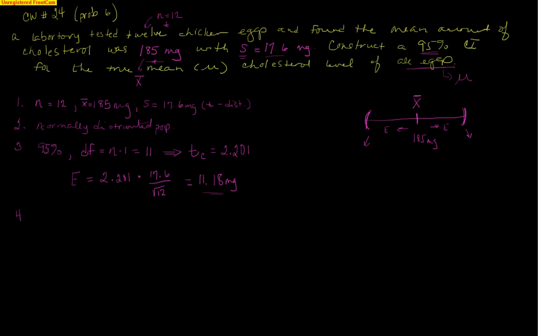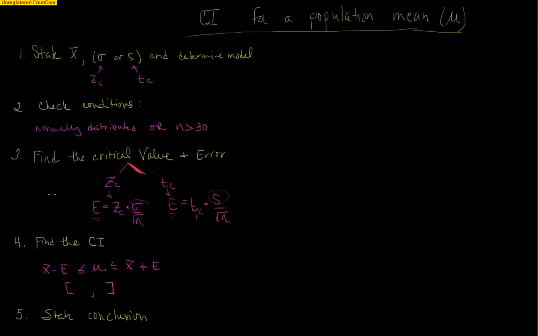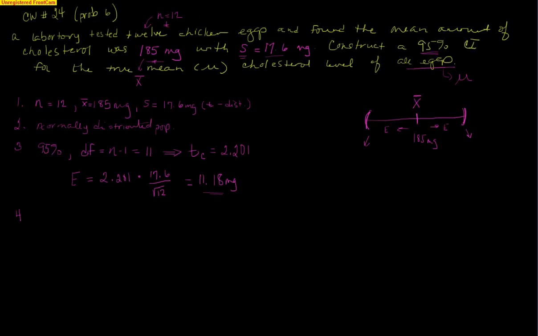Step 4 is to find the confidence interval. You'll notice the steps are very similar to population proportion. Our confidence interval is going to be the original mean of 185 minus the error, that's the lower boundary, and the actual mean lies between the two boundaries, 185 plus the error.